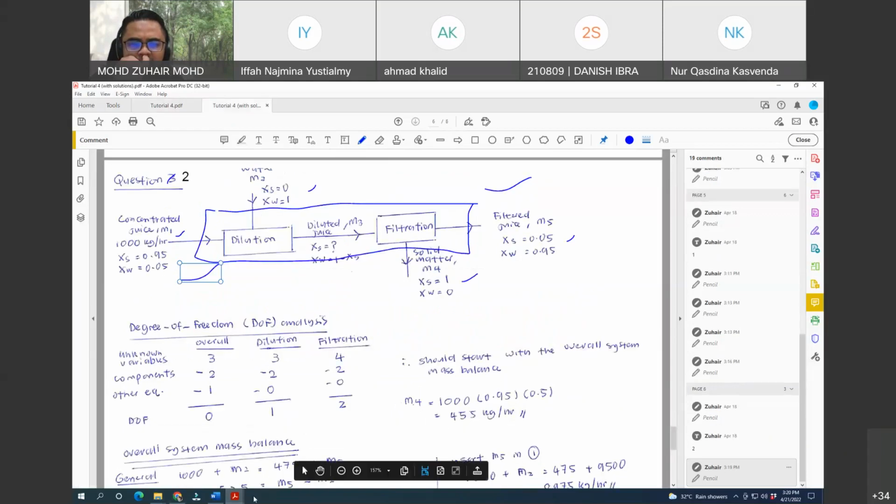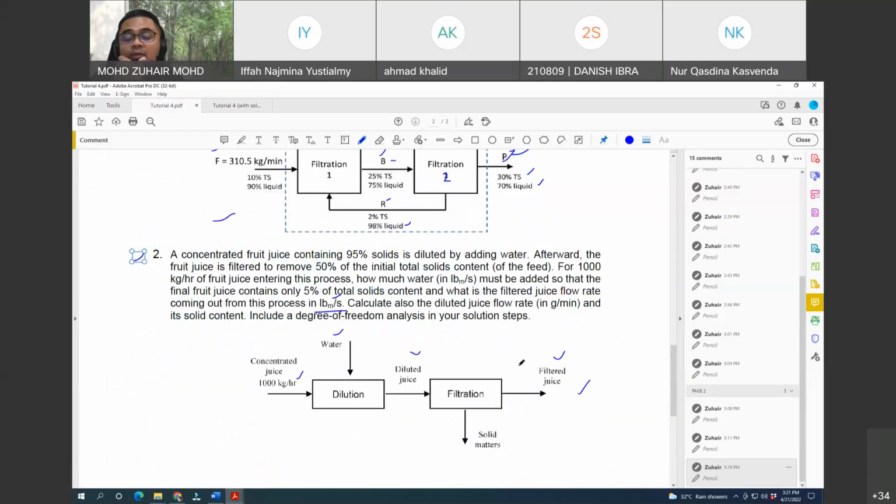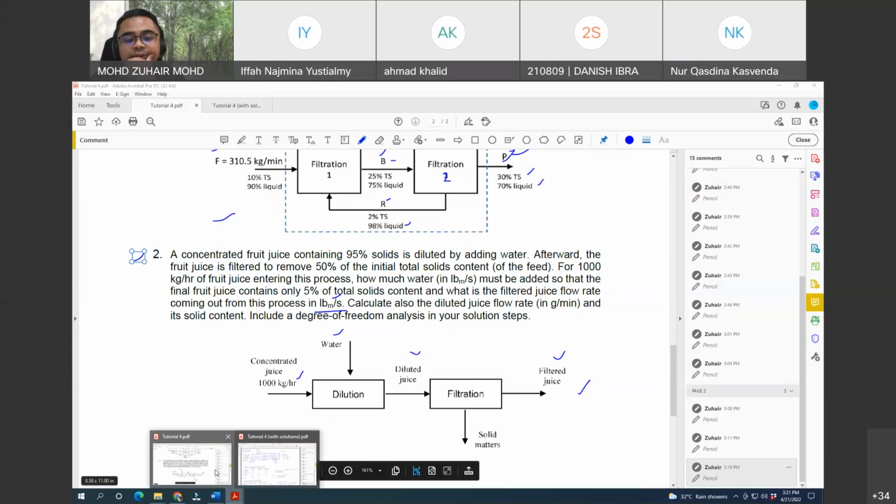How much water? The final fruit juice contains 5%. I don't know where I get this other equation.